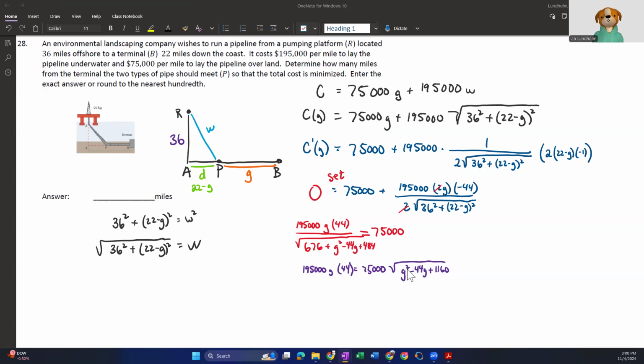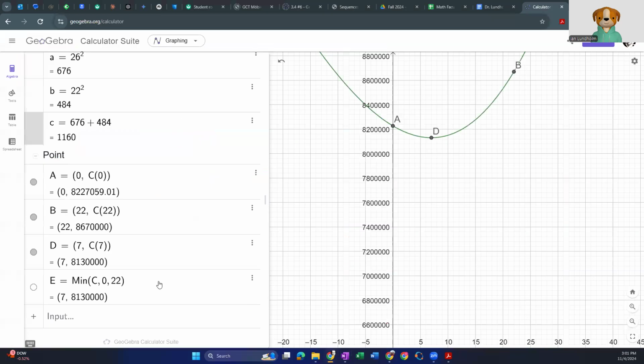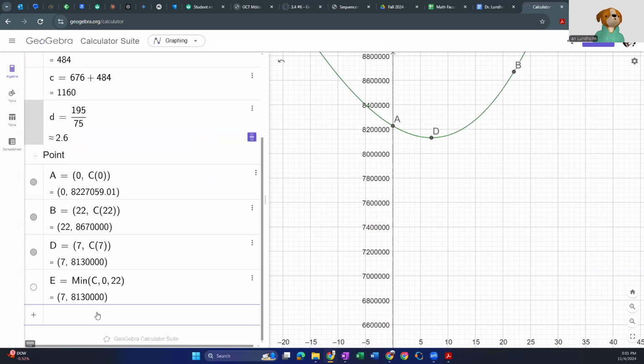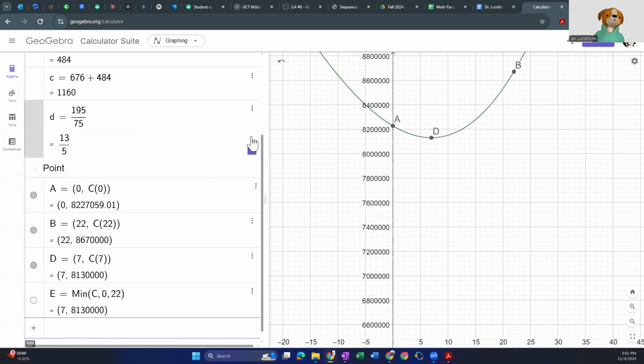Oh, I should divide both sides by the 75,000. Okay, so let's do this. What's 195 divided by 75? You guys don't want to watch this. This is horrible. 2.6. Okay, 13 fifths.